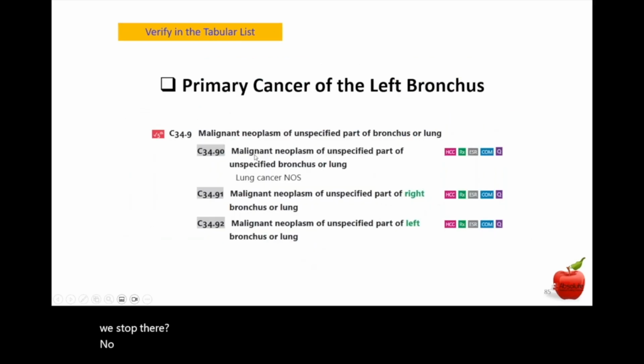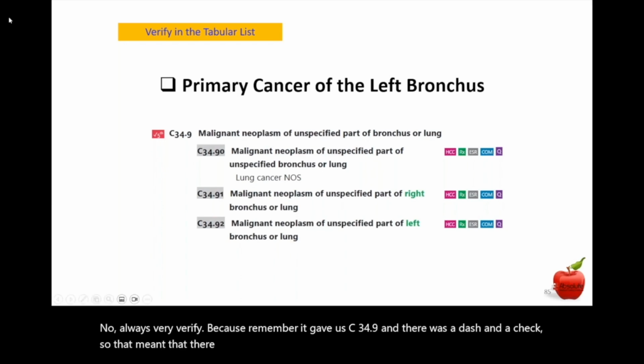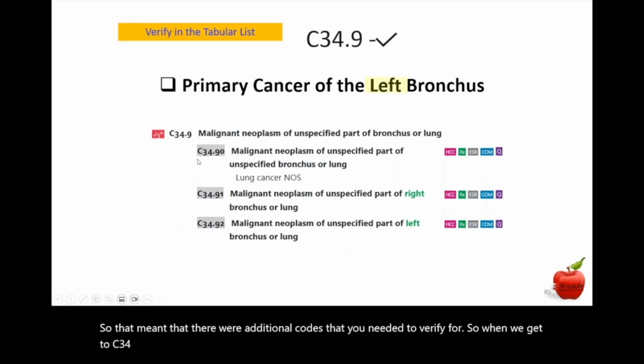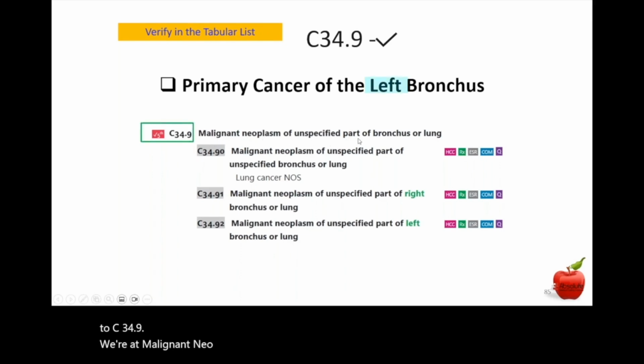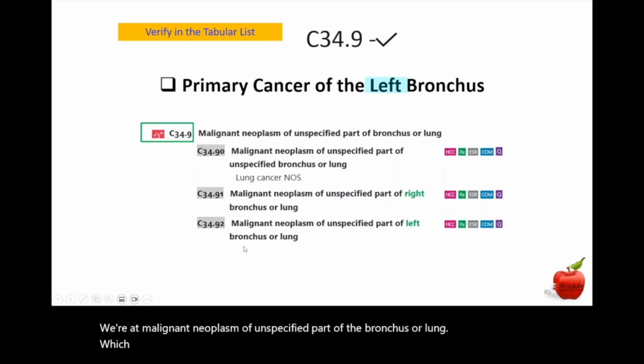No. Always verify. Because remember, it gave us C34.9 and there was a dash and a check. So that meant that there were additional codes that you needed to verify for. So when we get to C34.9, we're at malignant neoplasm of unspecified part of the bronchus or lung. Now, which one is applicable?